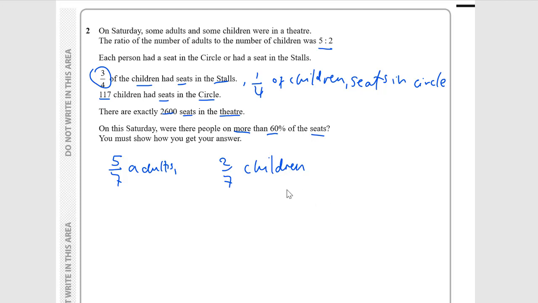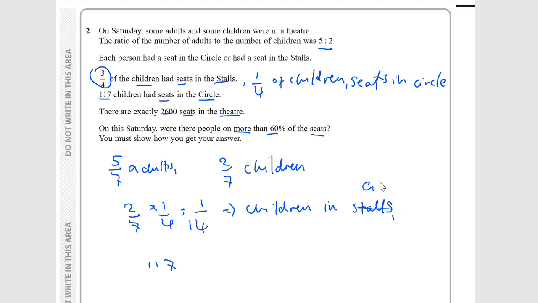So first of all, 2/7 times 1/4 gives us 1/14, and this is equivalent to the children in the circle, and this tells us it's 117.